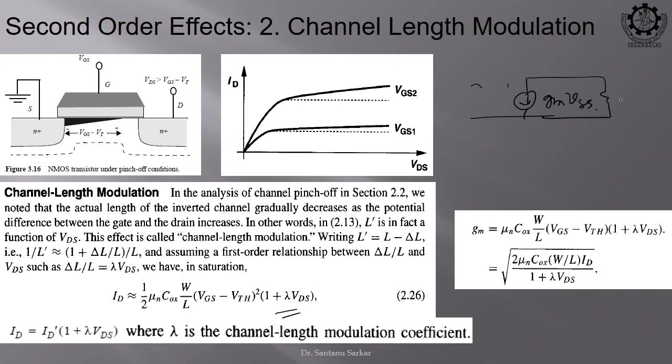Then there is an R naught, right. If you want to model the backgate effect, we will model this with another current source and we will call it GMB. Clear?